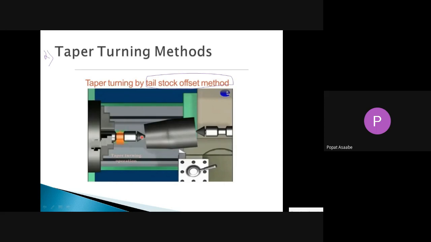Okay, see here. Then how can we produce the taper with the help of the tailstock offset method? In the tailstock offset method, simply you have to remember, this is your live center and this is your dead center.